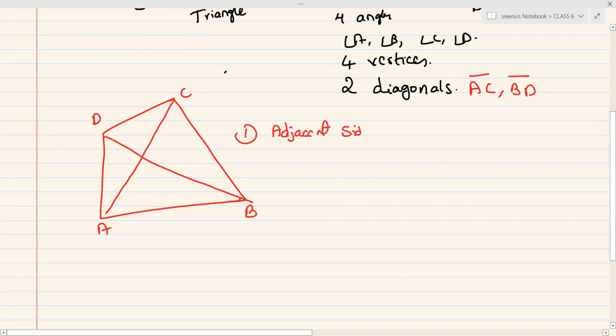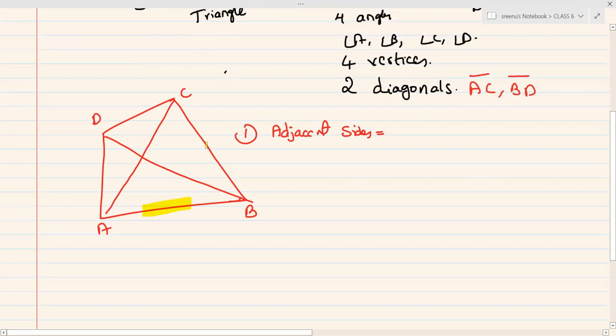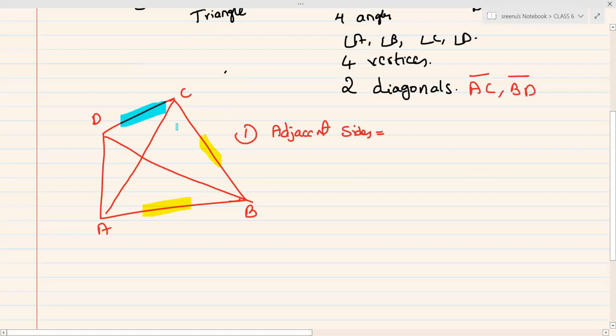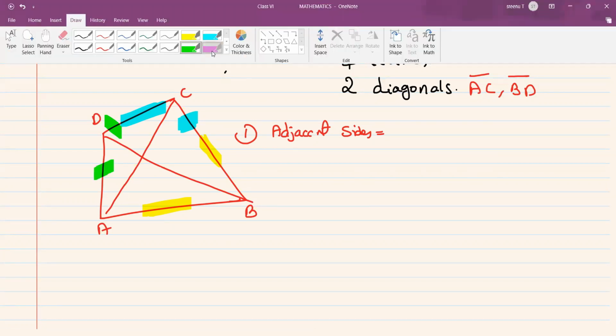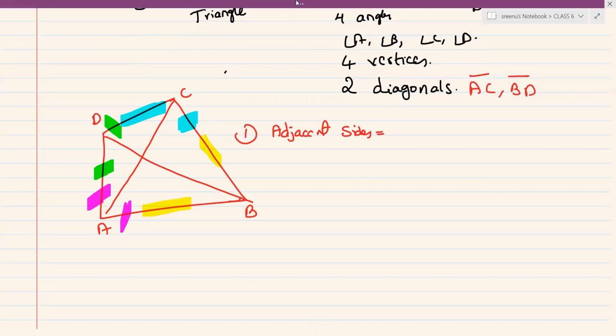What are these? Adjacent in the sense side by side. So I'll mark with some other color. AB and BC are adjacent. CD and DA are adjacent. AD and AB are adjacent. Okay, so let me write it.